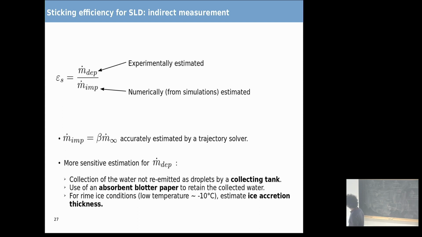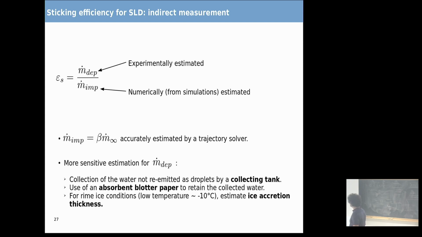The deposited mass is estimated experimentally. I will explain that. It is not very accurate sometimes, but okay. And the impingement rate is numerically estimated, and that is quite easy to estimate. This flux is badly estimated, this one quite well.